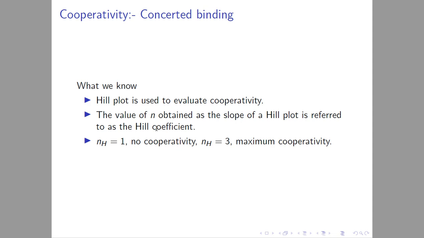So if we see that here, we can play with the number n, and we can guess how many binding sites there are on the protein, or the unknown protein.